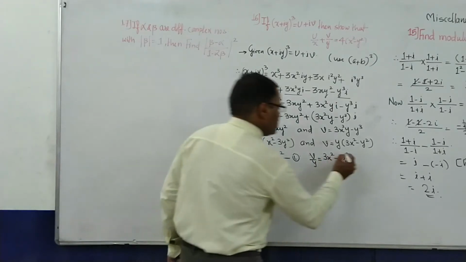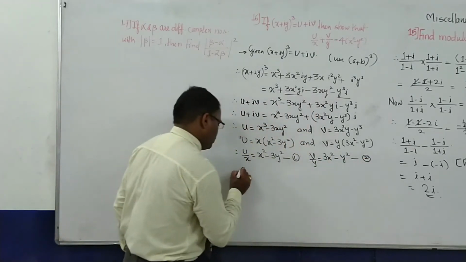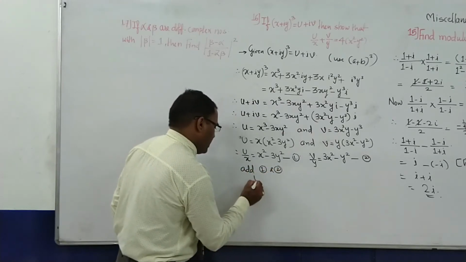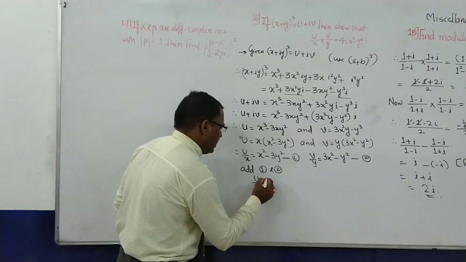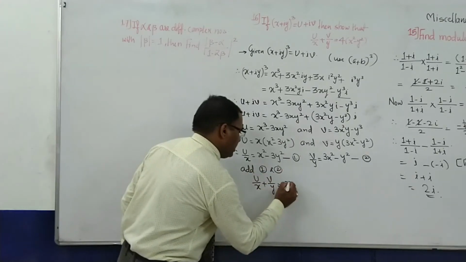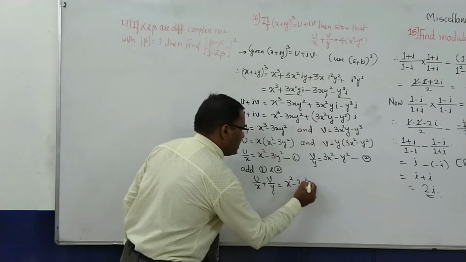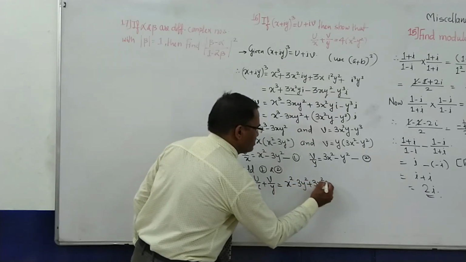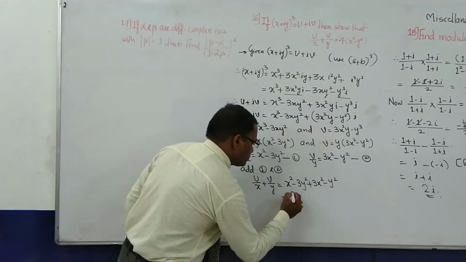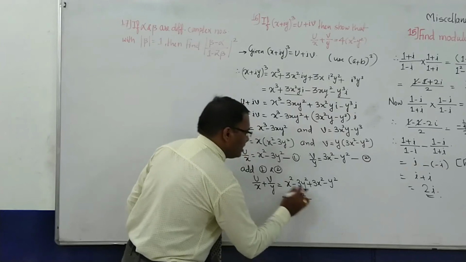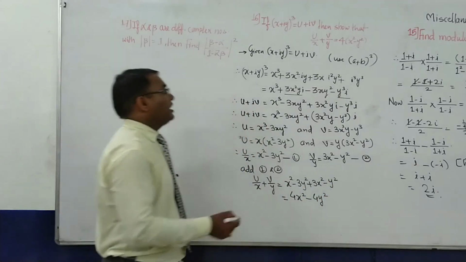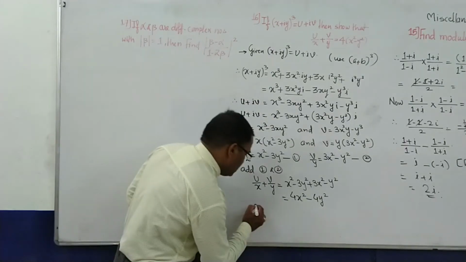Now simply what you have to do is add 1 and 2. If you add 1 and 2, it will be u upon x plus v upon y, and then x square minus 3y square plus 3x square minus y square, which will give you x square plus 3x square is 4x square, and minus 3y square minus y square is minus 4y square, which is our required condition.